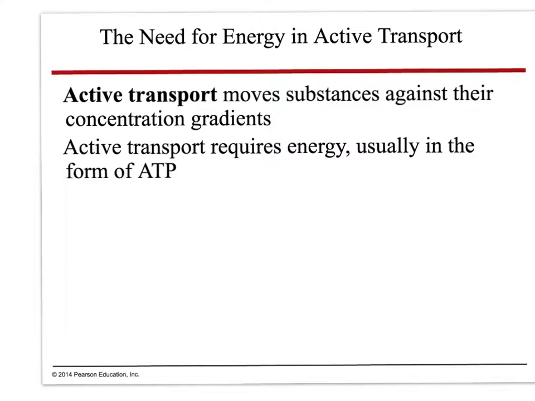Usually. Right? The reason why we say usually is that sometimes there are actually two types of active transport, primary and secondary. All right? Primary active transport is probably what you've talked about and you've learned. It is utilizing ATP to move a substance across the membrane. All right? Done.